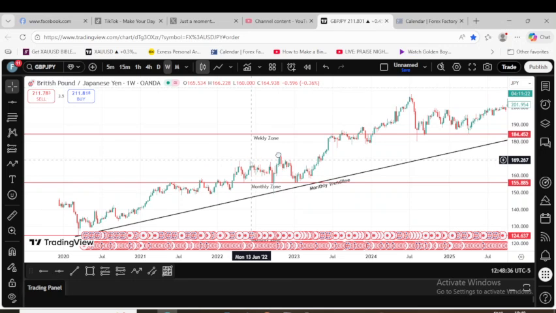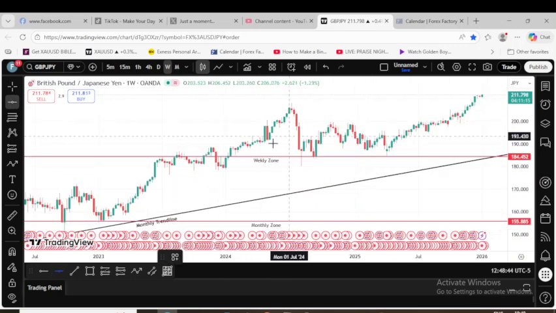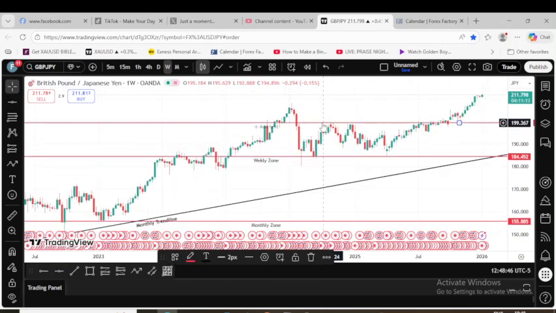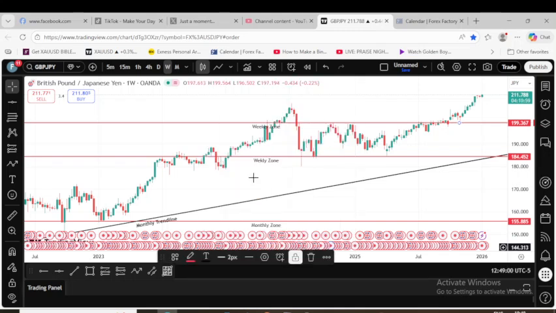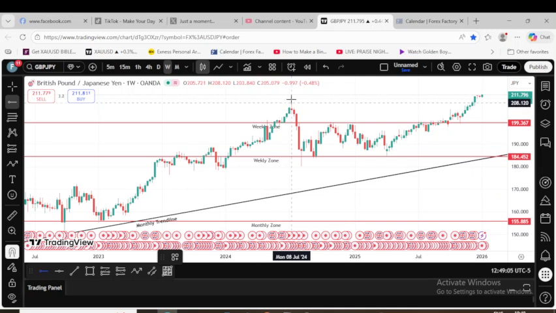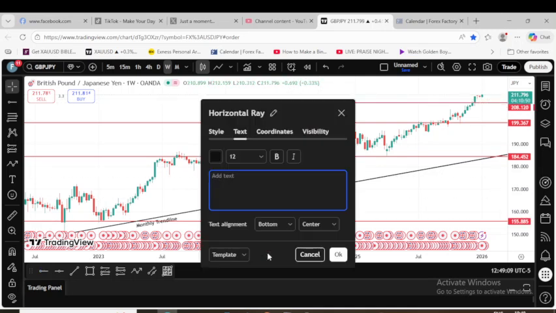Let's not go too far back into the past. There's also a zone here, because you can see that price has drifted above this level multiple times before getting to this difficulty. And finally, we have our previous all-time high.